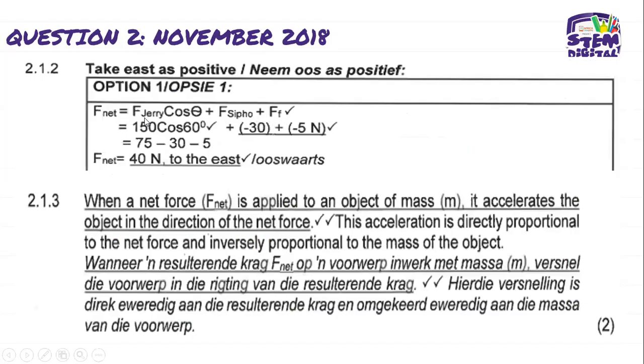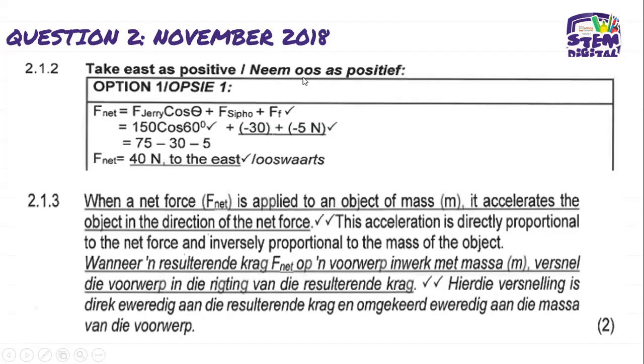Because these are the only forces that are acting horizontally. So this one, F Jerry cos theta, represents the horizontal component of Jerry's force. This one represents the force that SIPO is applying. This represents the frictional force that the object is experiencing.